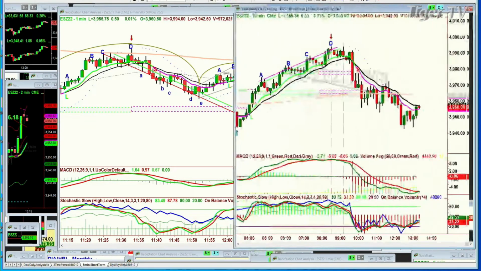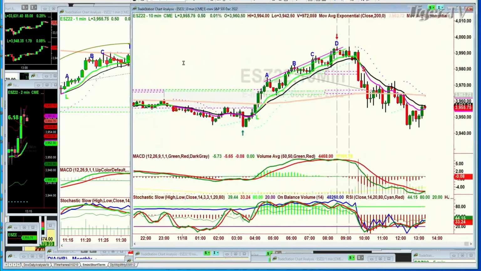All right, with that said, and remember, we always like to look at different time frames. Here's the 10-minute chart. What did I say? Peak D was really important. I haven't even followed up on this.